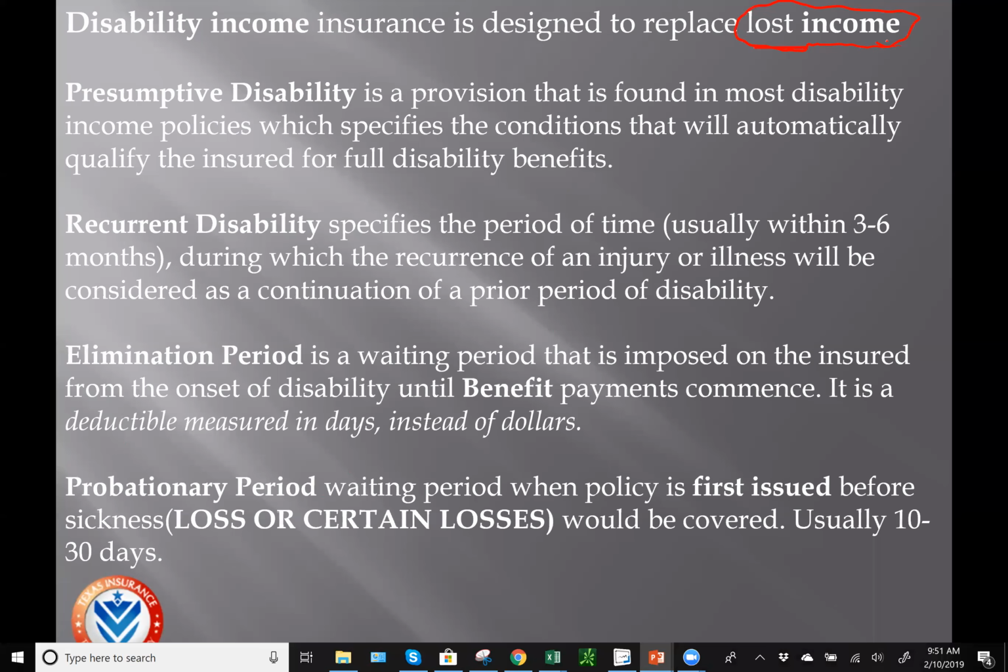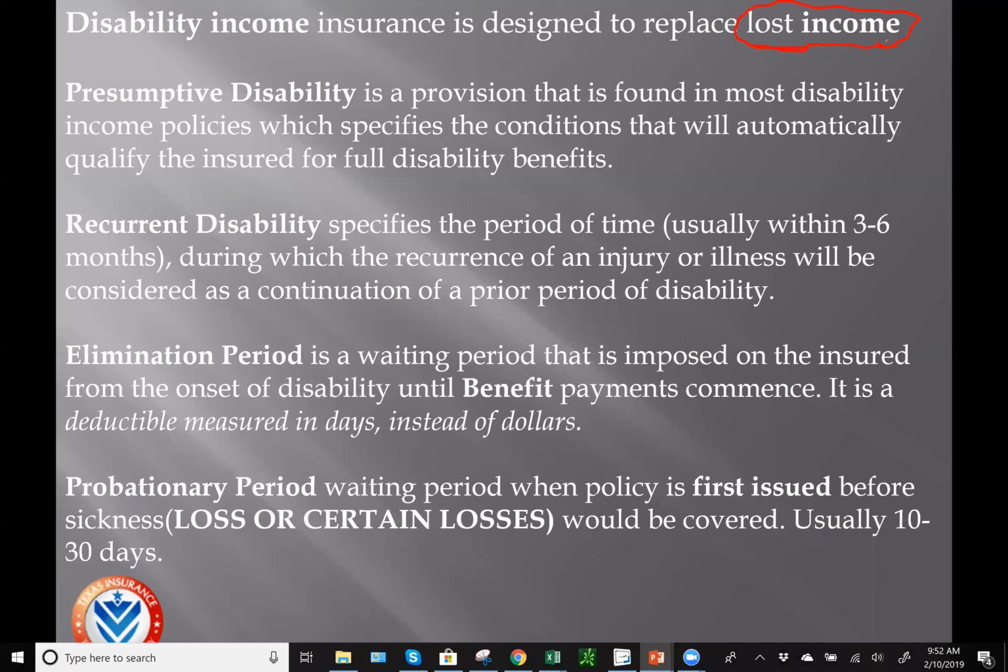All right, next let's look at some different periods in your disability policy. First, there is the elimination period. All the elimination period is a deductible that's measured in days, not dollars. Your elimination period begins from the onset of your disability.